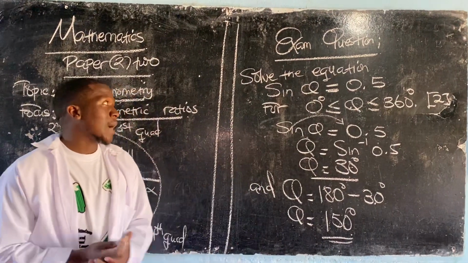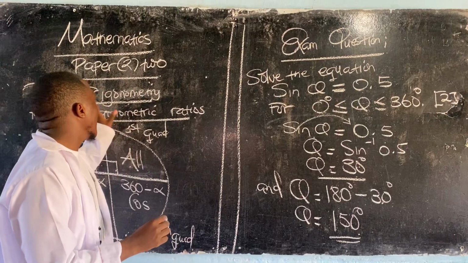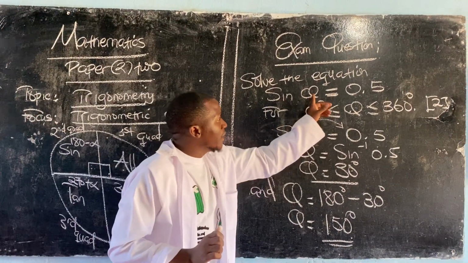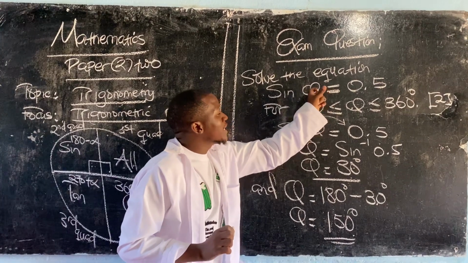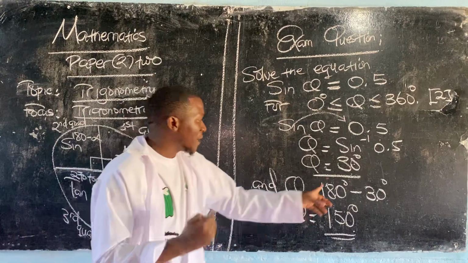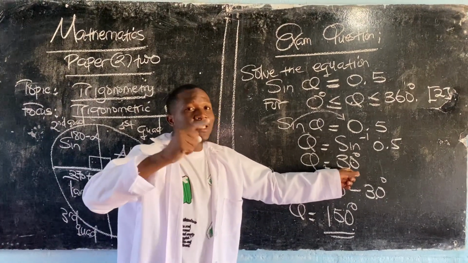This is how to answer a question brought under mathematics paper 2 under trigonometric ratios. The first important thing, you calculate the value for the theta, or the same theta can be assumed to be an alpha, where you can firstly calculate an acute angle, being the angle less than 90 degrees.